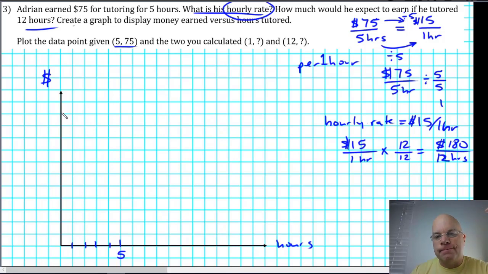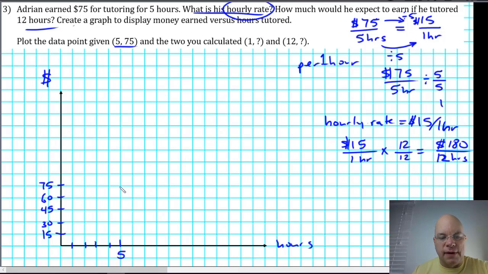Come to think of it, since the unit rate is 15, I might as well just make each one 15. I know I'm going up in increments of 15, so 15, 30, 12 times 15, we already know is going to be 180, so my entire scale will fit perfectly if I do that.